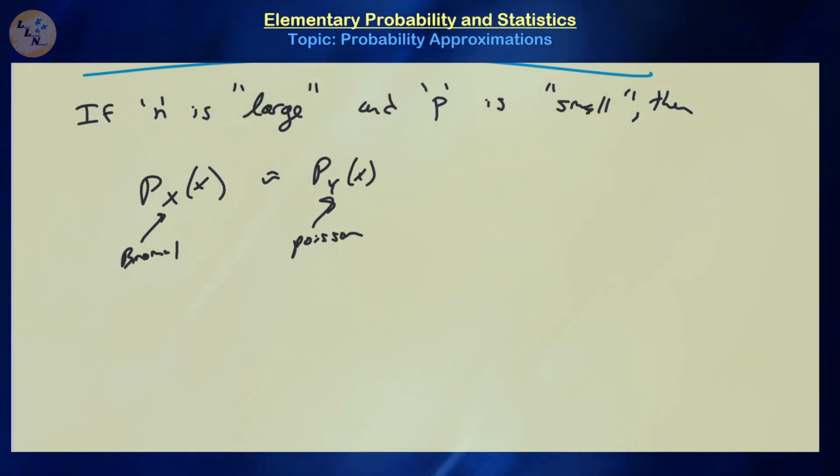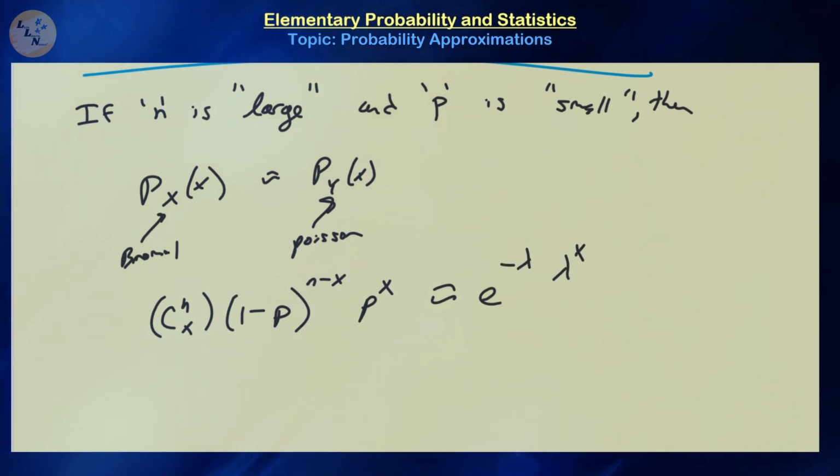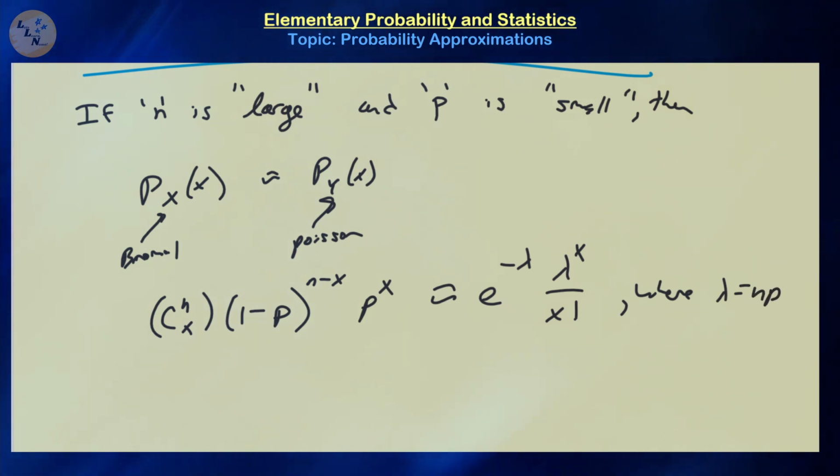That means n choose x times (1 minus p) to the n minus x times p to the power of x is going to be approximately equal to e to the minus lambda times lambda to the x over x factorial, where lambda is equal to np.